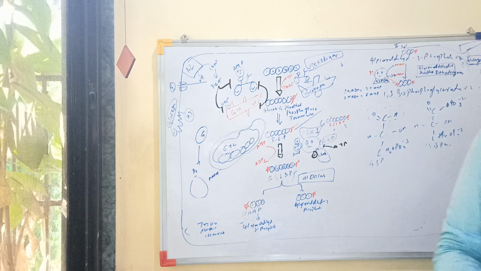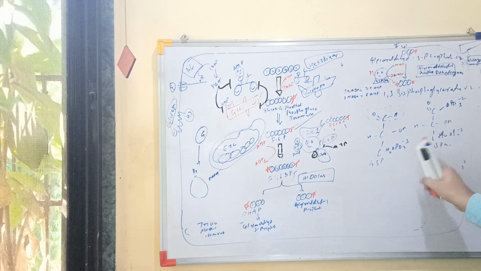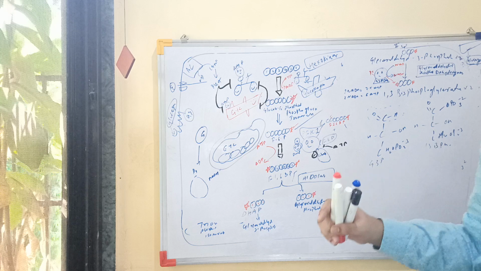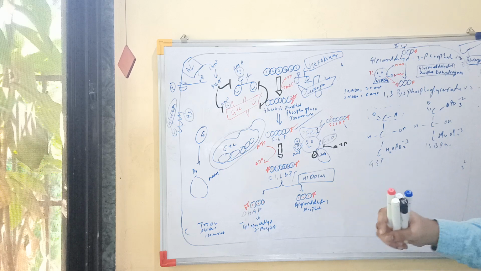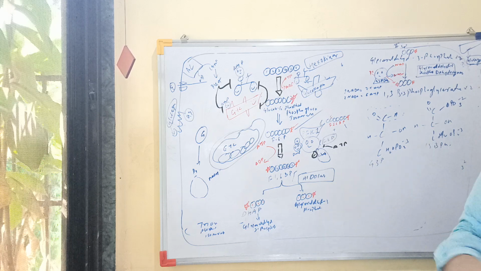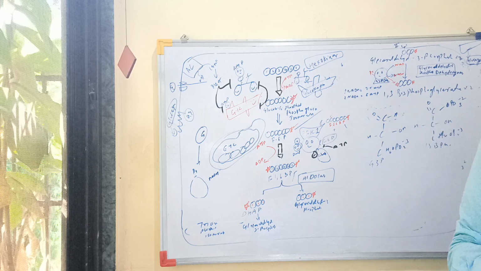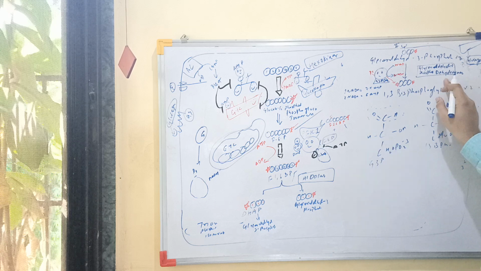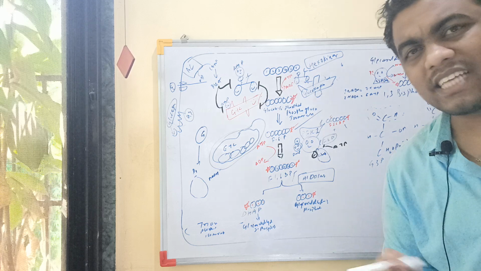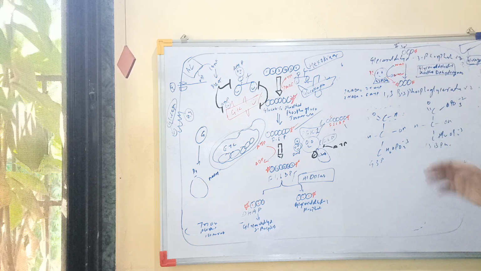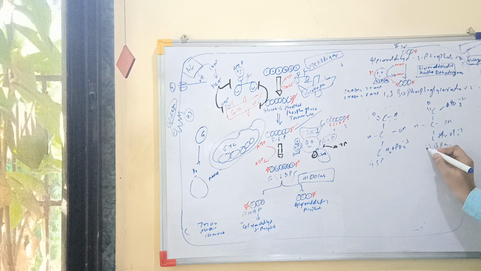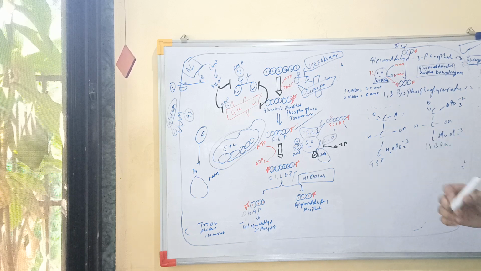And this 1,3-BPG, I will tell you something very interesting about this. Let me get into it first. This 1,3-BPG, which is 1,3-bisphosphoglycerate, and this enzyme also is very important, glyceraldehyde phosphate dehydrogenase. So the next step will take 1,3-bisphosphoglycerate and convert it into 3-phosphoglycerate.